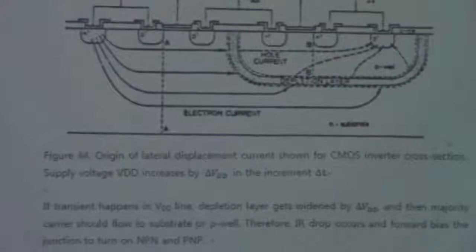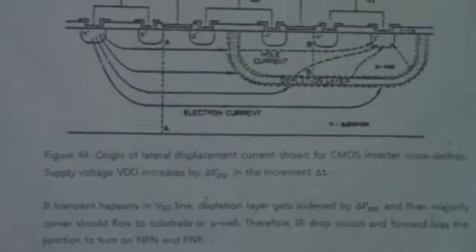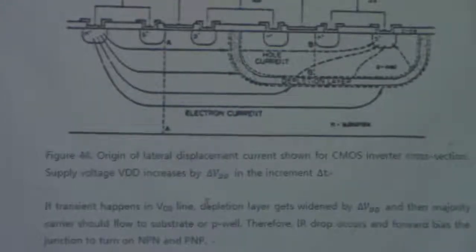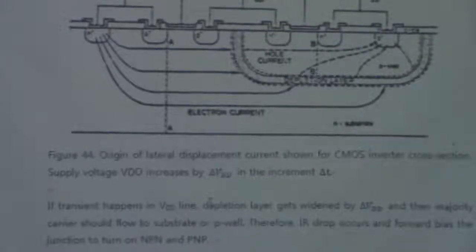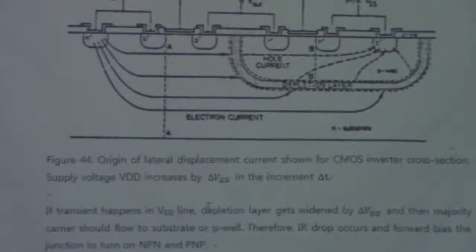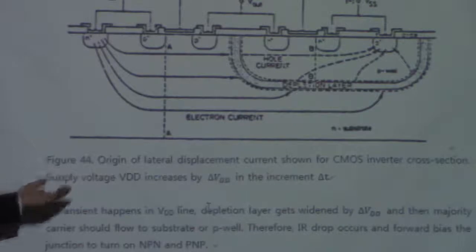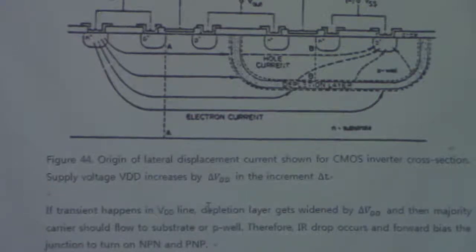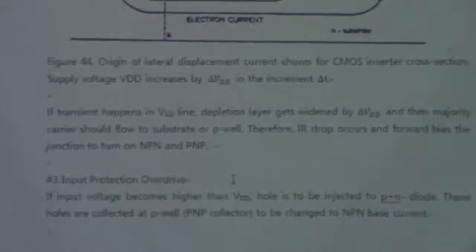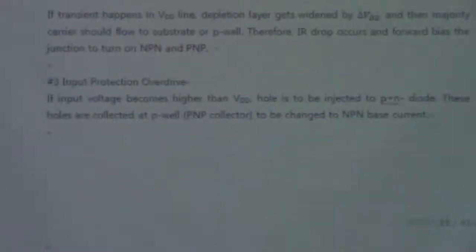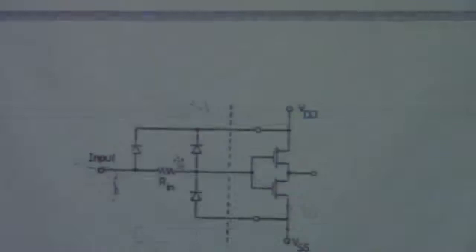So this is inevitable. You have to do some switching operation, and during that switching, the voltage will give you the new current, which is going to be the base current of the lateral bipolar transistor.